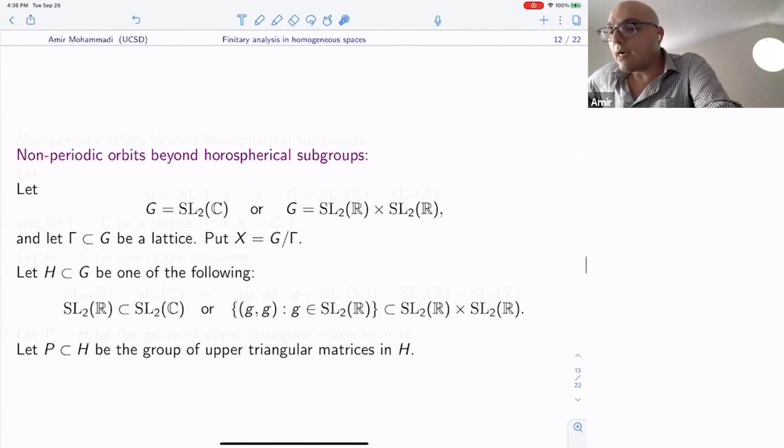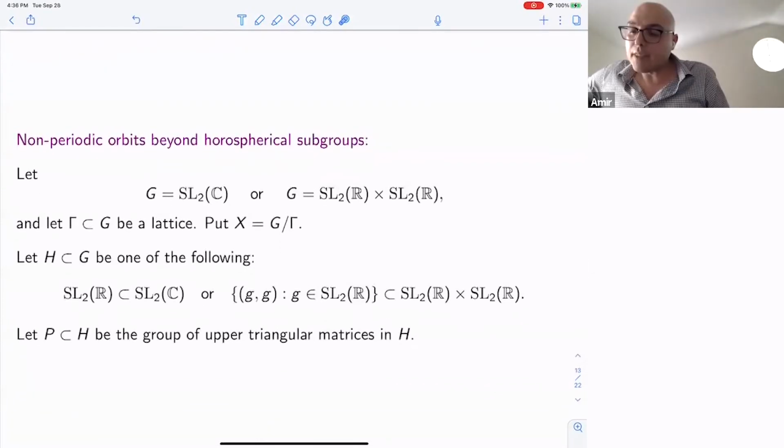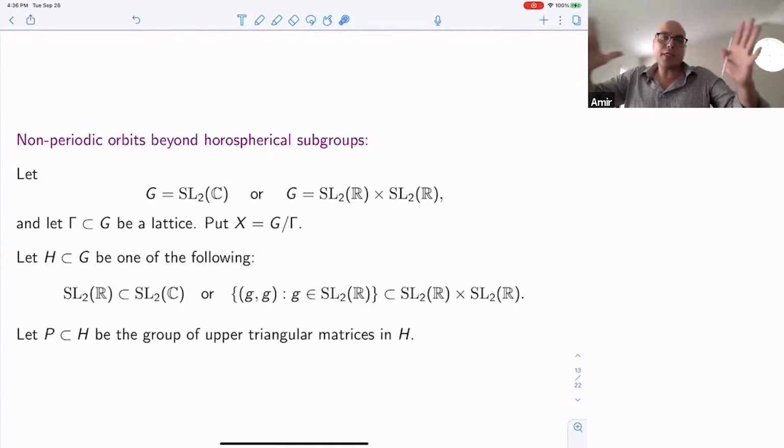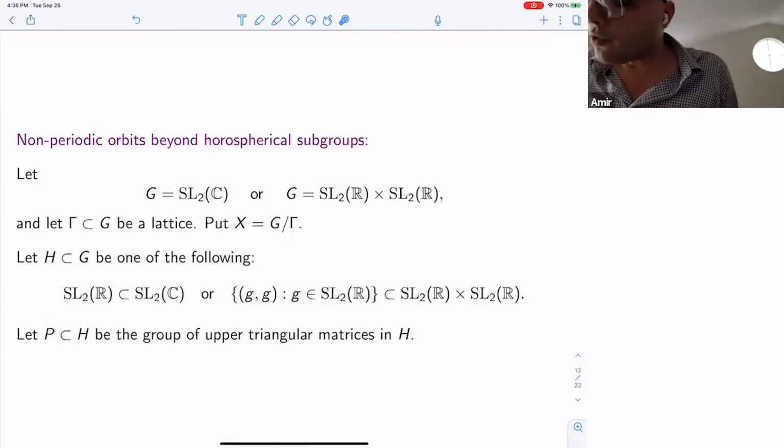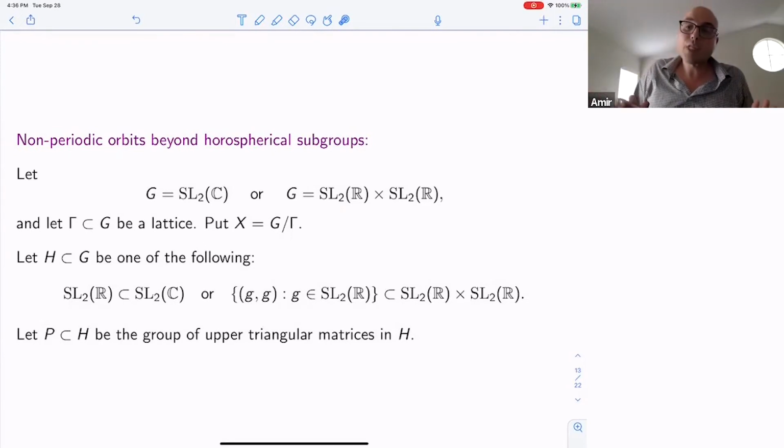So I want to now say what has happened in the past year. And this is not in the generality that Ratner's theorem was. It's a very specific example, but even this took quite a bit of time. So I'm going to be very concrete, a case of two groups. Either think about SL2C or a product of two SL2s.